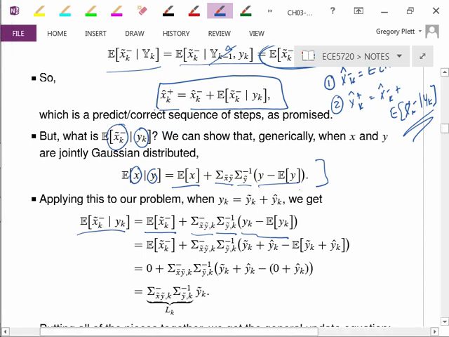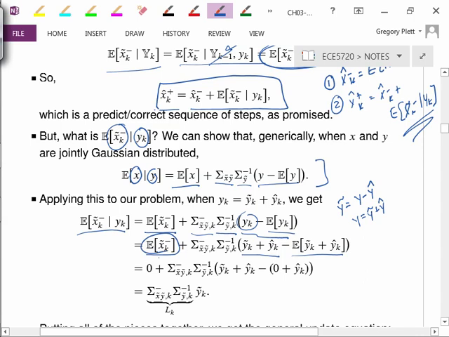We expand this out just a little bit by saying y tilde equals y minus y hat, which means that y equals y tilde plus y hat. So I replace y with y tilde plus y hat, and the expected value of y as the expected value of y tilde plus y hat.